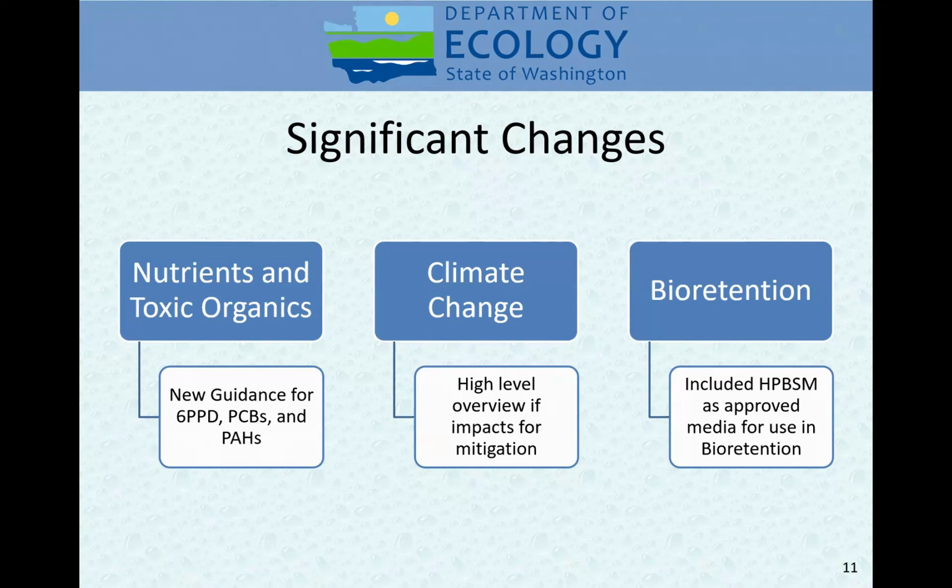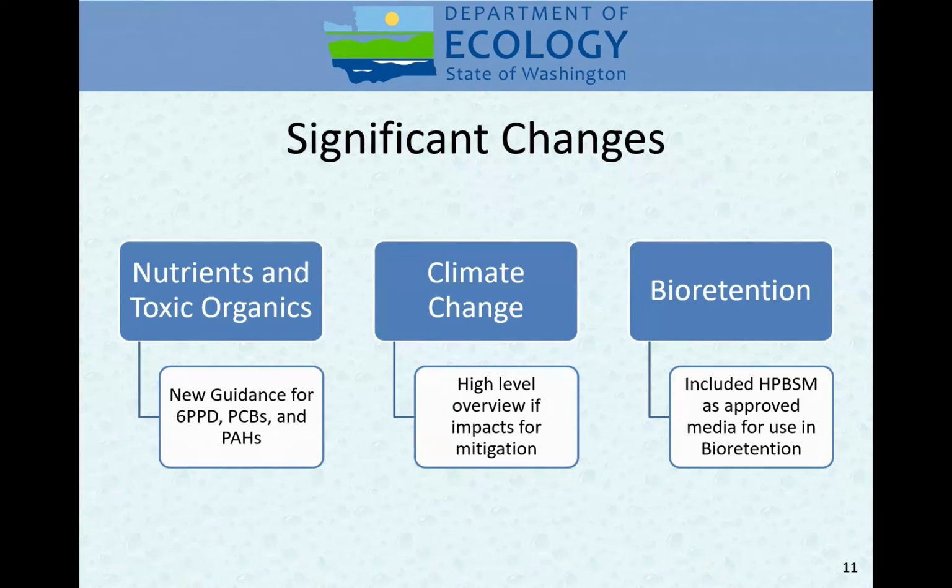So Ecology is working with the climate people at the University of Washington, national experts in climatology, and they are going to be working on creating new isopluvial maps for all of Washington state. These maps show the expected rainfall in the 2, 5, 10, 25, 50, 100-year storms.